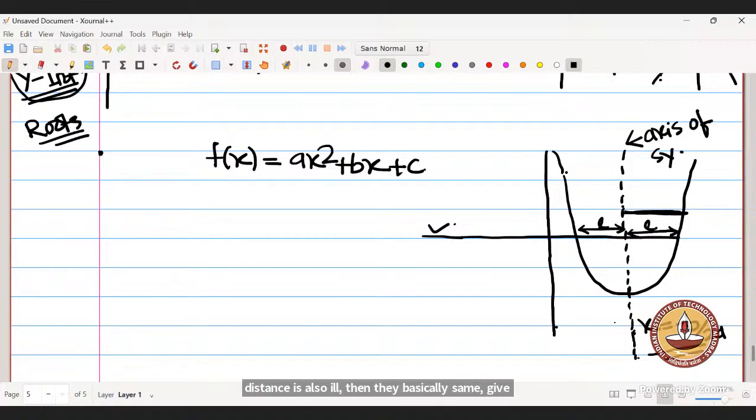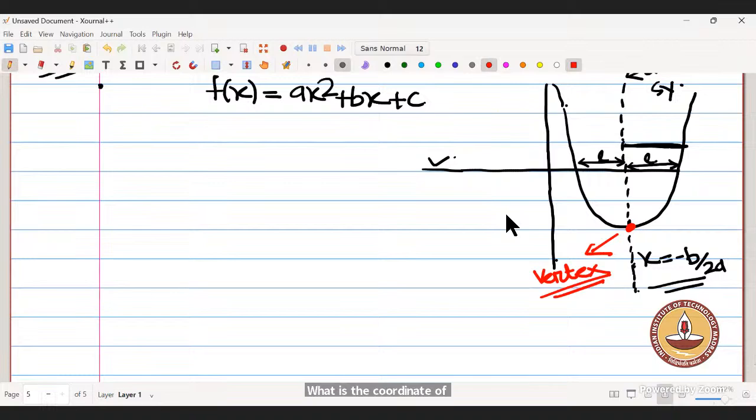That is what this symmetry is about. If you know the parabola on one side, then you can easily know how the parabola behaves on the other side, right? And there is one more special point. What is the coordinate of this point? This you call the vertex, right? What is the coordinate of this vertex?